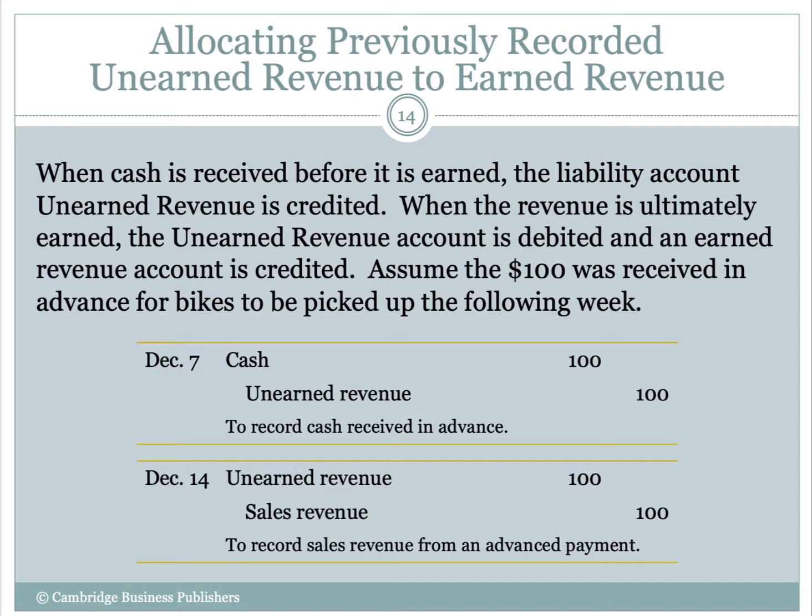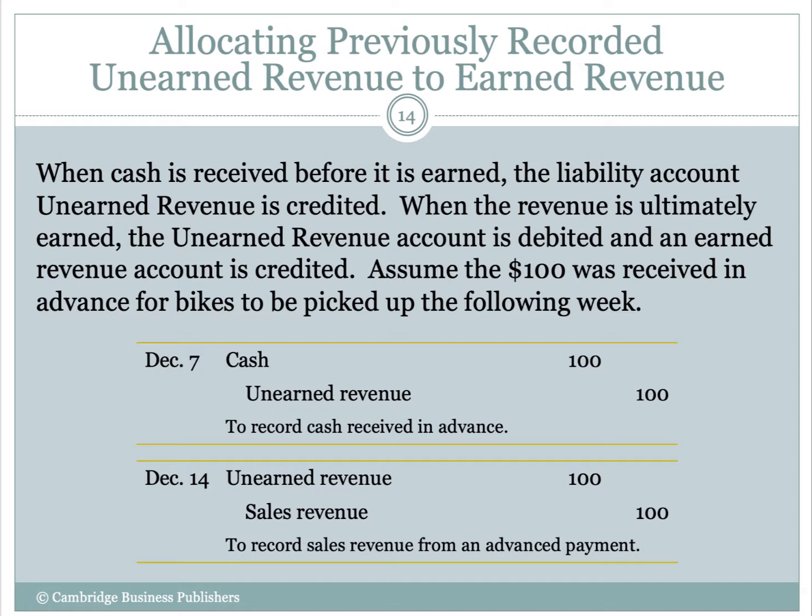Okay, so the next adjusting entry we have is unearned revenue, or I'm sorry, the next deferral we have is unearned revenue, which is an adjusting entry. But remember, we're just focusing on deferrals right now. So remember, we said that under the accrual basis of accounting, if we receive cash before we earn it, we've got to hit a liability account, right? We've got to credit a liability account, unearned revenue.